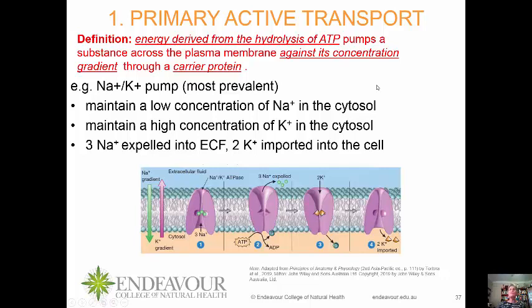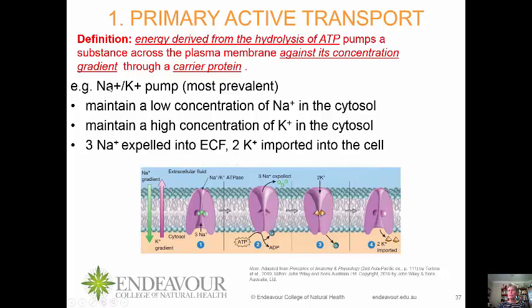So primary active transport needs the energy derived from breaking down that ATP. That energy then pumps a substance across the plasma membrane against its concentration gradient through a protein acting as a carrier or transporter protein. And these are called pumps.